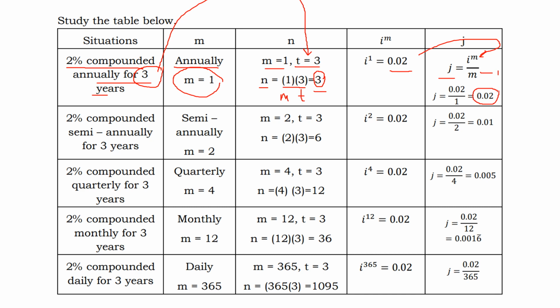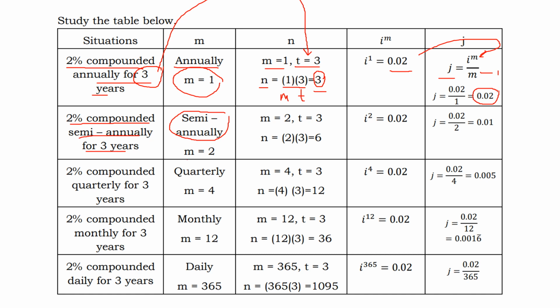Now, in the next row, where it says 2% compounded semi-annually for 3 years, semi-annually represents 6 months. In every year, if we cut 1 year into 6 months each, there are two portions, and these two portions represent two sets of 6 months.